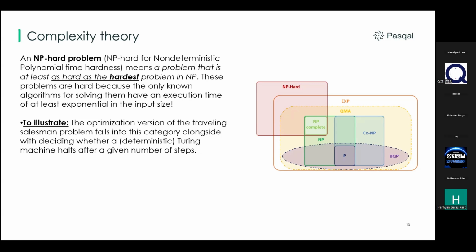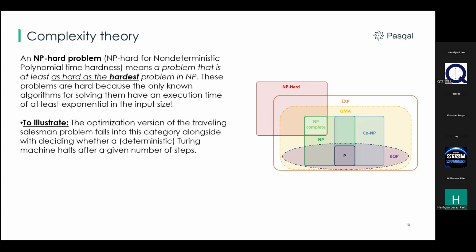Moving a little bit further out, one of the more interesting problem classes, typically referred to as hard or complex problems classically, is what we call NP-hard problems. So again, non-deterministic polynomial time hardness.